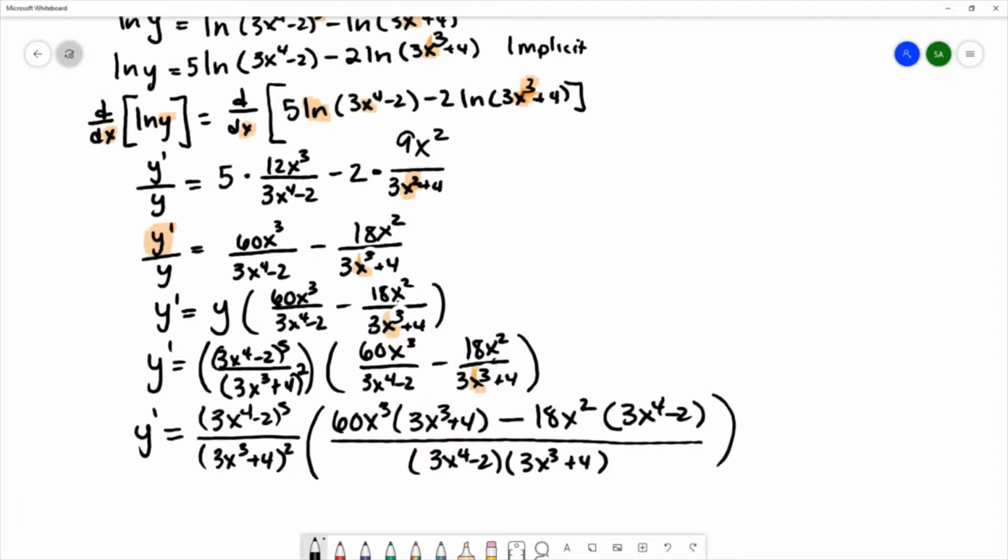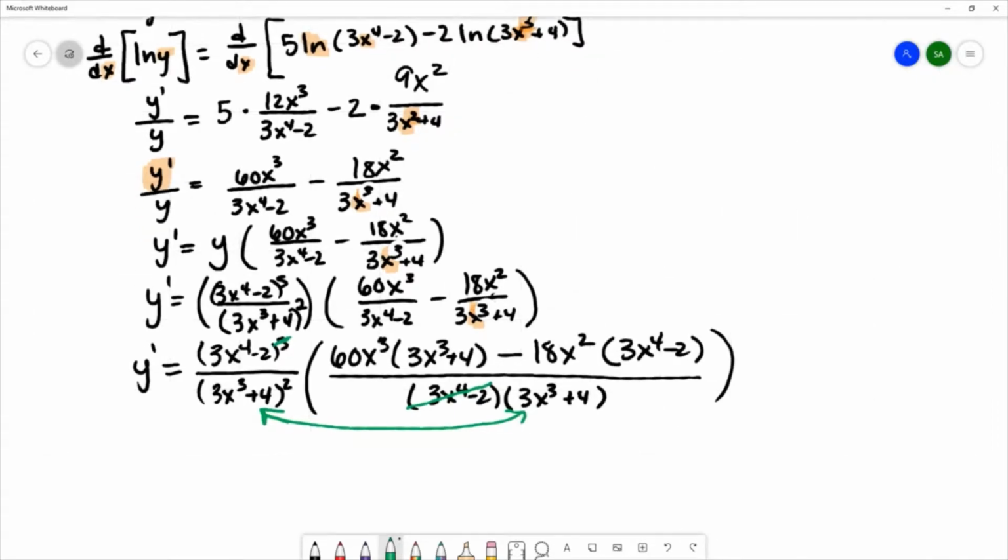So what this does when you get a common denominator, it allows you to cancel one factor of 3x to the fourth minus 2 from here, making that 4 factors. And it allows you to combine these two factors of 3x cubed plus 4 together.